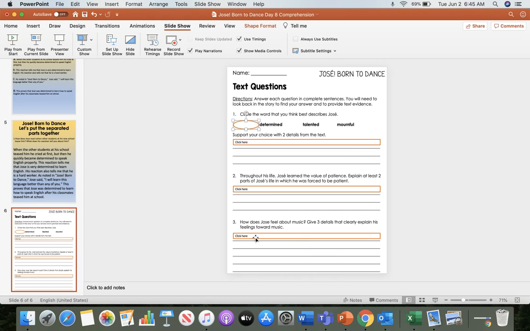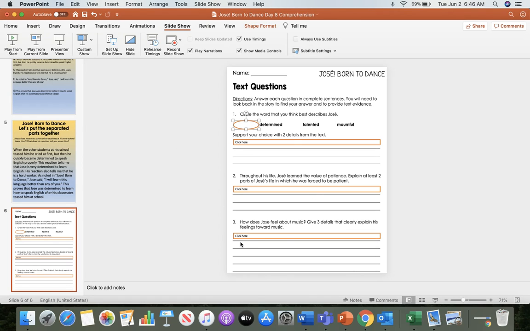How does Jose feel about music? Jose feels that music is. That's how we would restate that. And then you would give the details that support it. Now, in the question, it shows you 2 details, 2 details, 3 details. Okay? Make sure you're putting enough details that it says in the question.